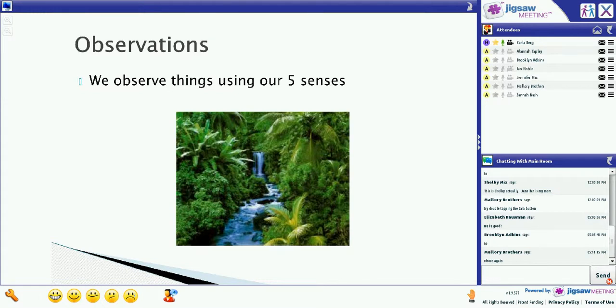You can leave it smaller. It is completely up to you. When we look at a picture like this, we can really only observe using our sense of sight. However, if we were in the jungle by that waterfall, we could use all of our senses.